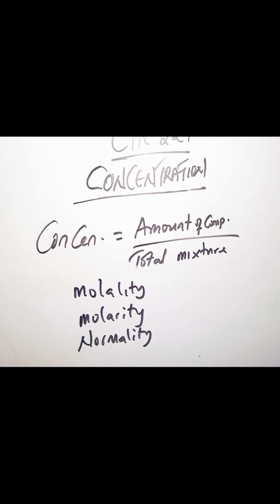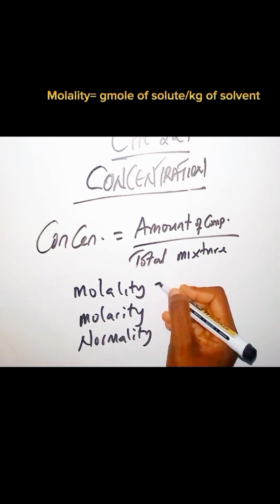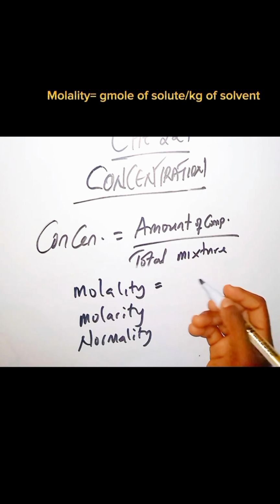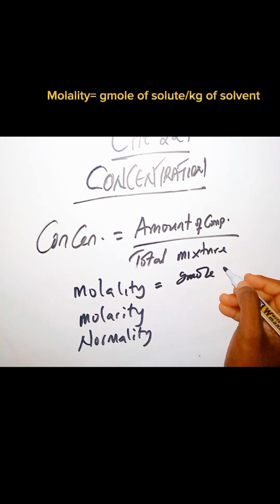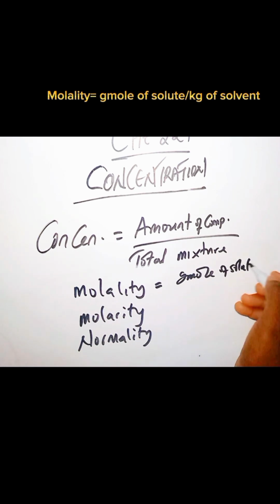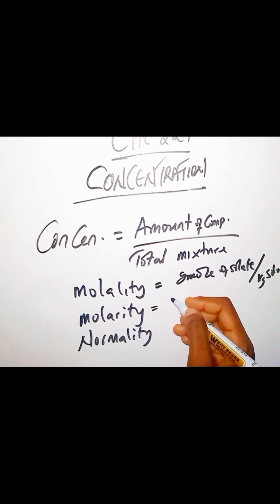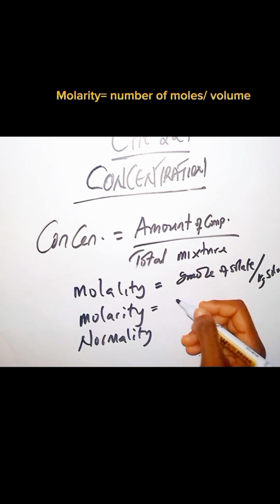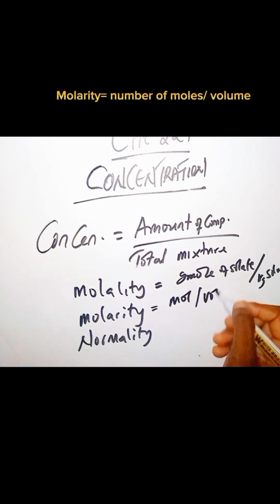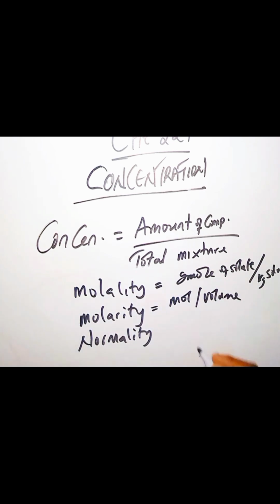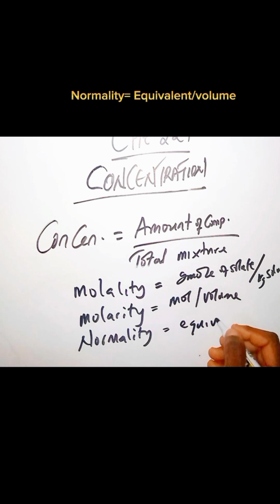Concentration can also be expressed in molality, molarity, and normality. For molality, concentration is expressed as gram mole of a solute divided by the kilogram of solvent. Molarity is expressed as the number of moles per volume, while for normality, it is the equivalent per volume.